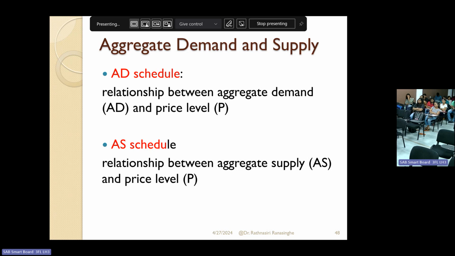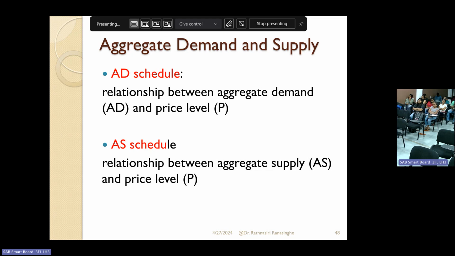The normal aggregate demand and aggregate supply determine the price level P and the equilibrium income. So when aggregate demand equals aggregate supply, they determine the general price level and the equilibrium national income.